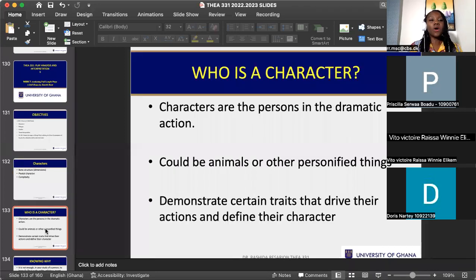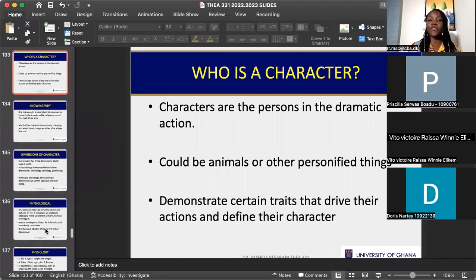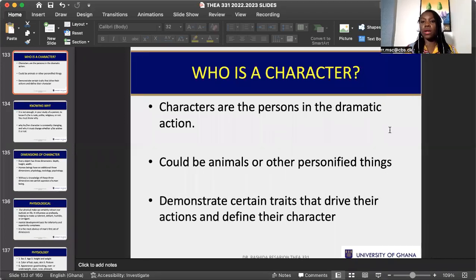All right, so basically from our discussions right from the beginning, we have spoken about who a character is. And we know that characters are the persons in the dramatic action. Sometimes they could be animals or things that have been given human attributes.